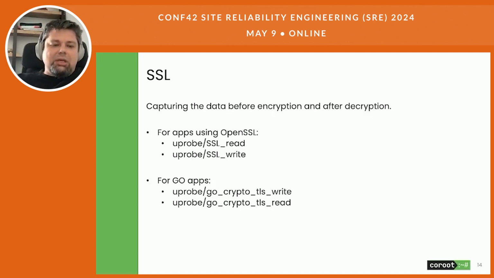And for the second one, we use a special uprobe to capture Golang crypto library calls to capture data before the encryption. And it allows us to have pretty good coverage. So we can say that the agent captures 90% of data, even if it's encrypted.